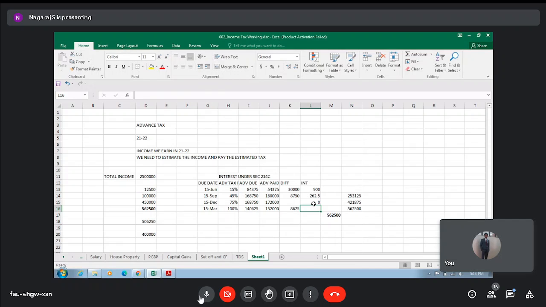How many months delay? 1 month, 16th March to 31st March, which is 1% into 1 into the difference amount. Total 1,250 rupees you will have to pay as interest under section 234C.